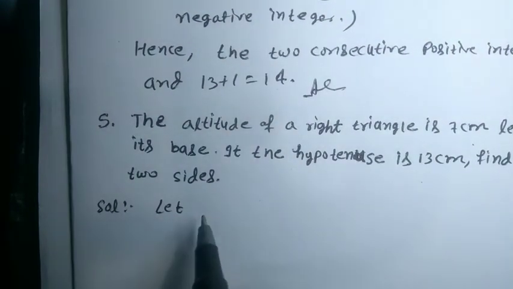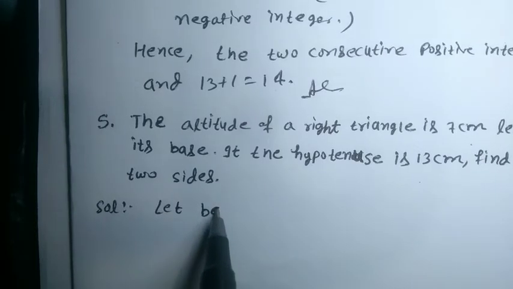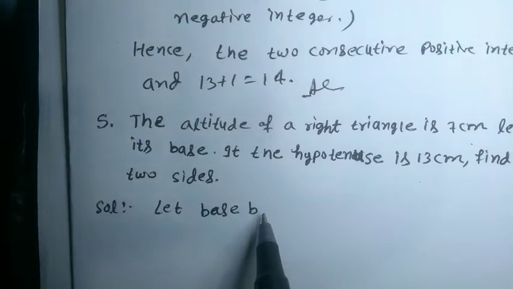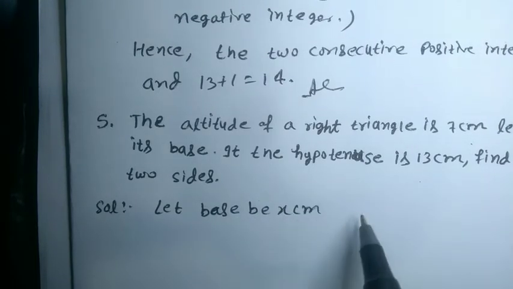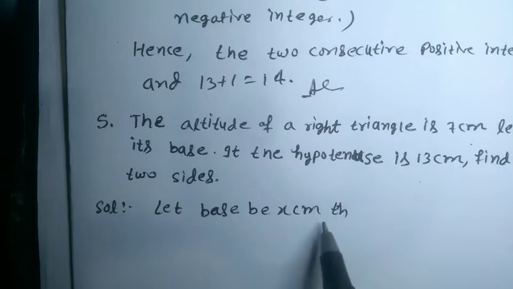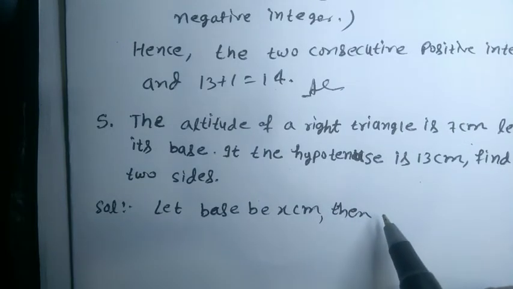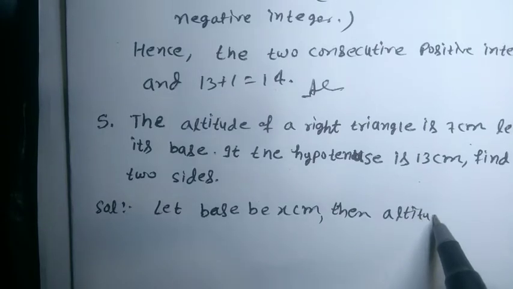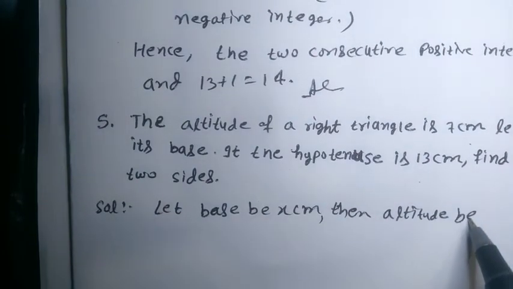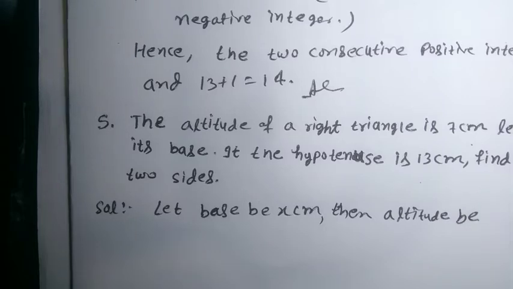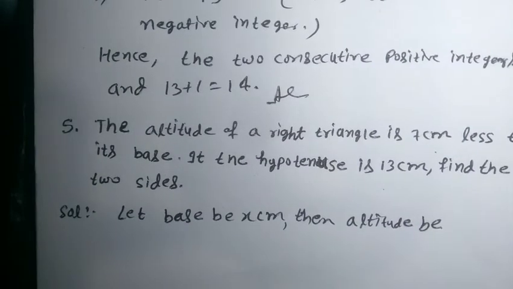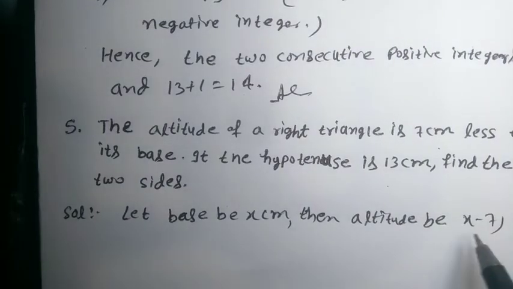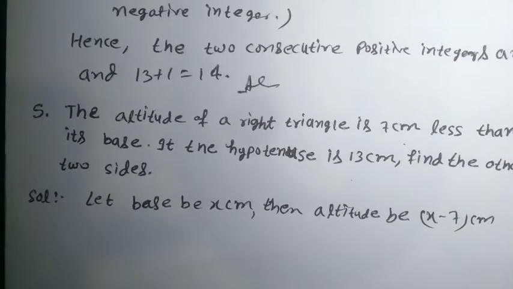let base be x centimeter, then altitude, this is 7 centimeter less than its base, so the altitude be is x minus 7 centimeter.